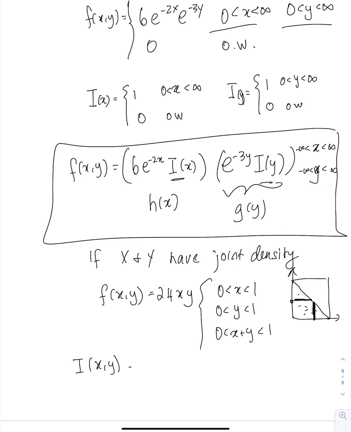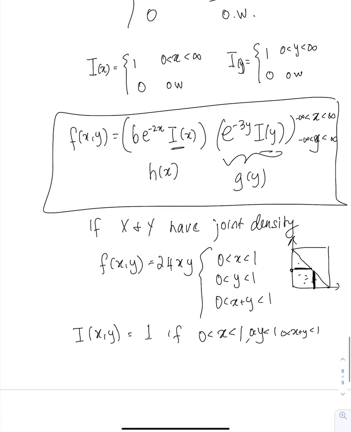So let's say I of x, y is 1 if x is between 0 and 1, y is between 0 and 1, and x plus y is between 0 and 1.